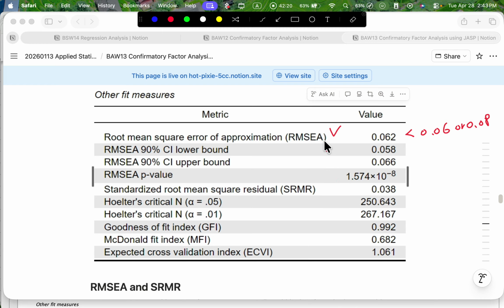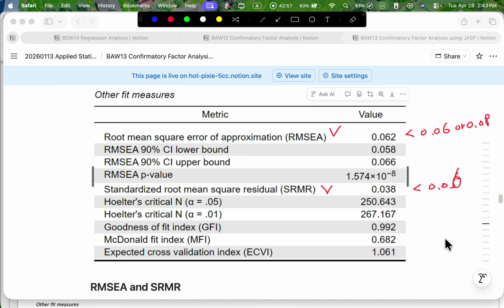Okay, so I would say it's quite close to the threshold. So it means that there's a good fit in the model. And we have another called RMSEA. This one should be less than 0.06. Okay, 0.03 is less than 0.06, so it also indicates a good fit.